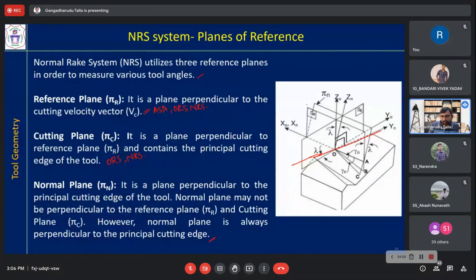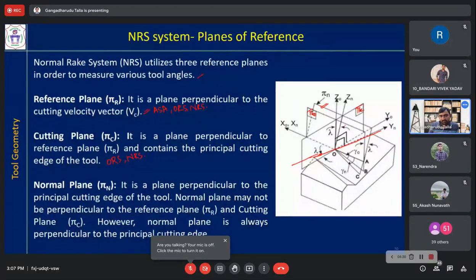If you see, pi o is perpendicular to pi c. Pi o and pi c are perpendicular. We have seen that in ORS system. Now what is pi n? This plane is pi n plane. So pi n plane is perpendicular to the principal cutting edge only.